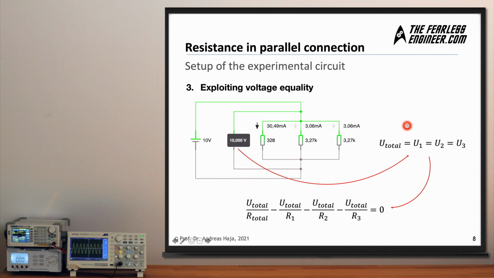Now in the third step, we're going to exploit the voltage equality, because when you recall the video on voltage, you might also recall that voltage is a difference in potential between 2 points. So if we look at the colored version of this circuit here, this means that the simulation has added a color, and points of the same color also join the same potential.